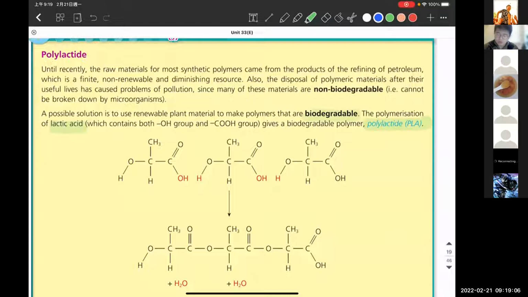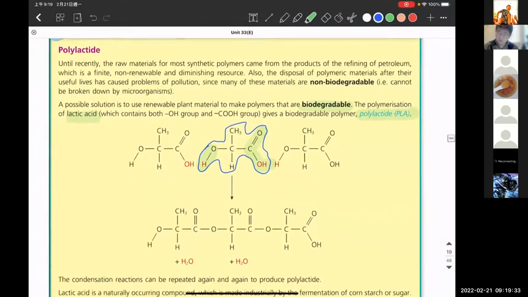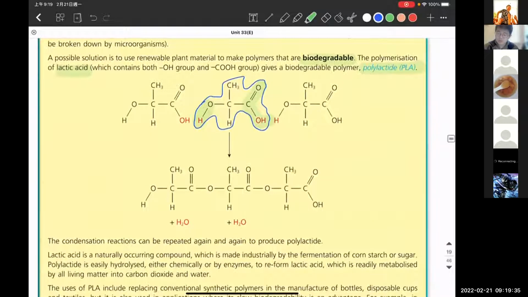Now, compared with some other synthetic polymers, which you usually describe as non-biodegradable, biodegradable means that it can be broken down by microorganisms. So this is the structure of lactic acid. One lactic acid is here, right? We have got one hydroxy group and one carboxyl group. So similarly, you may do the same tricks.